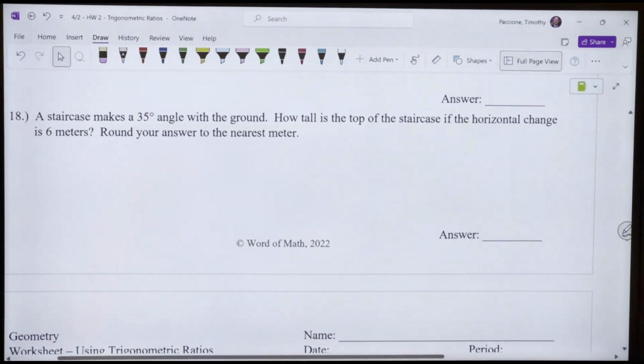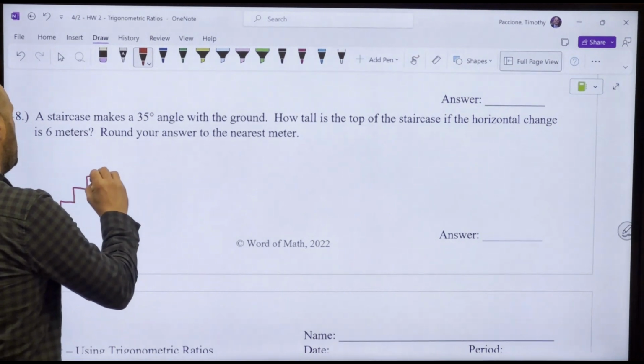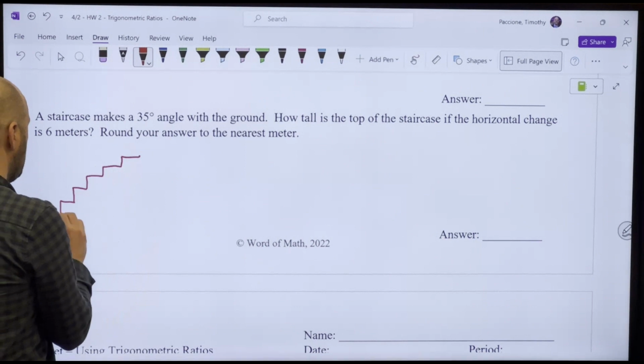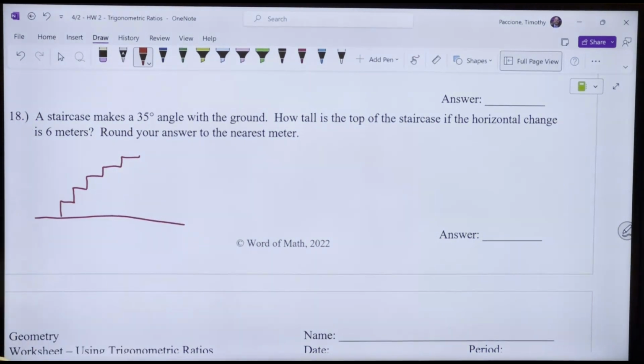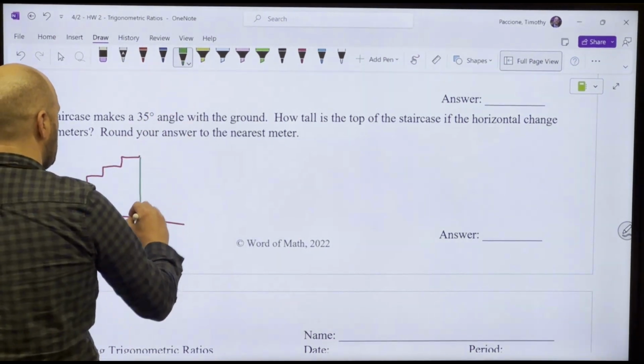So a staircase makes a 35-degree angle with the ground. I just start drawing when I see these. All right? Staircase, when I see something or I read a word, I draw it. So I drew a staircase. I also need to draw the ground. How tall is the top of the staircase? Okay, so that's talking about this, right?